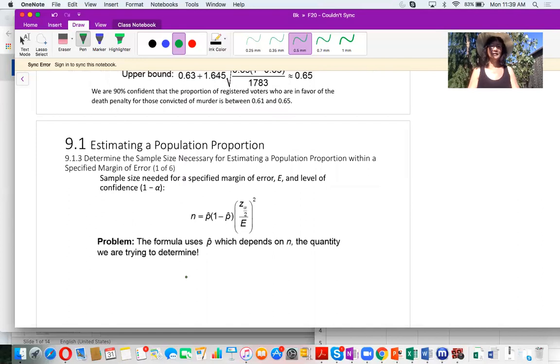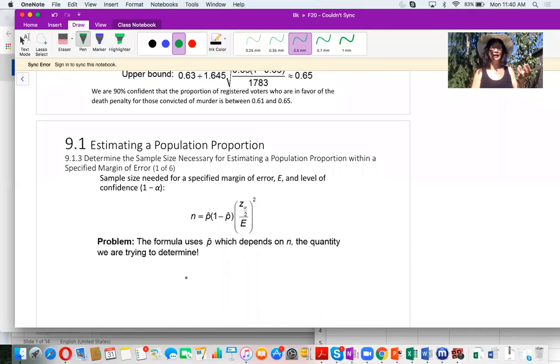Last topic, we'll talk about sample size needed for a specified margin of error, E. Remember, when you do a research project, you need to take a sample. If the sample is too large, it costs lots of money, time, effort. If the sample size is too small, the sample does not represent the population.